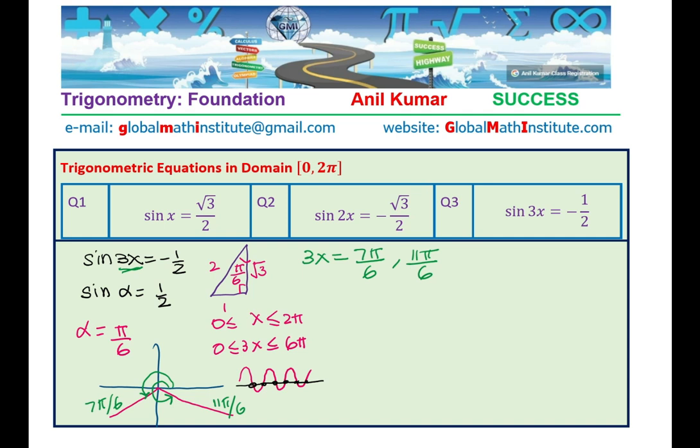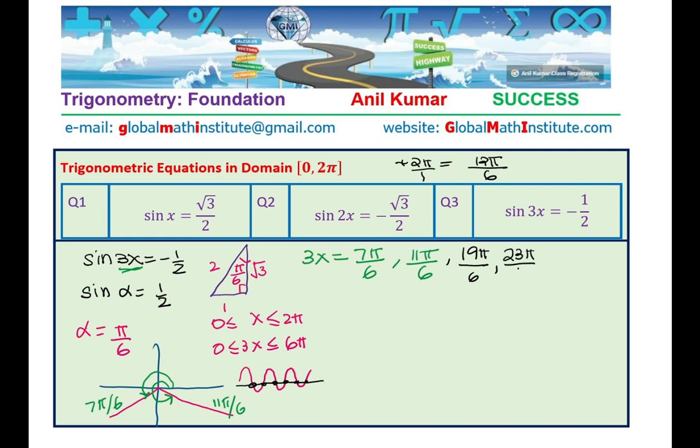You understand? We are looking for half, 6 solutions. So you add 2 pi. Now when the denominator is 6, think like this: 2 pi multiplied by 6 over 6 is 12 pi by 6. So keep on adding 12 to each numerator, and you have to do it 3 times. So 12 plus 7 is 19, so write 19 pi by 6, and 12 plus 11 is 23, so 23 pi by 6.